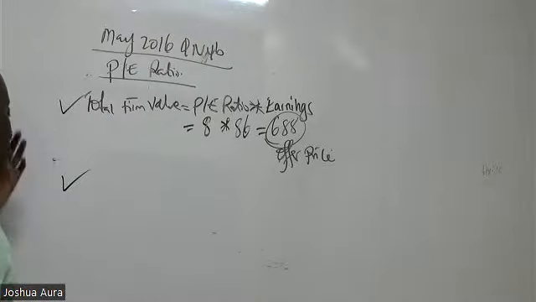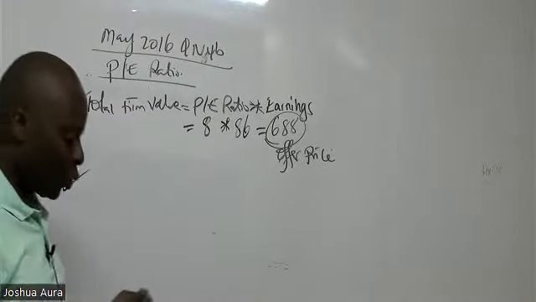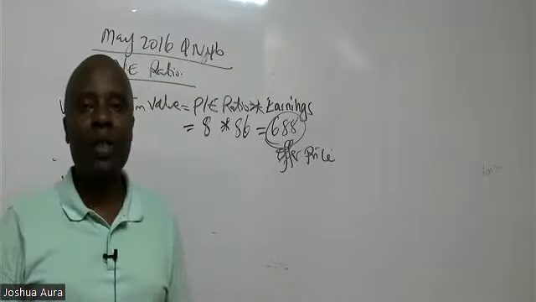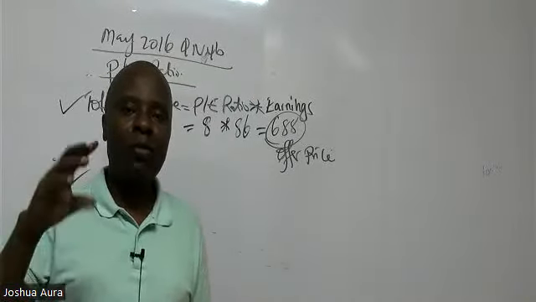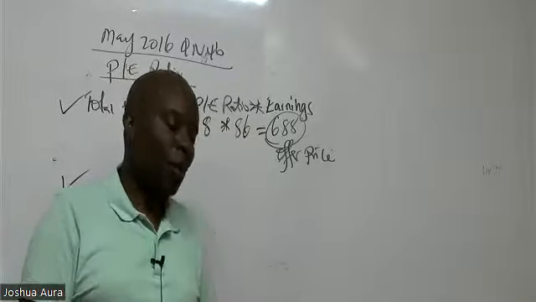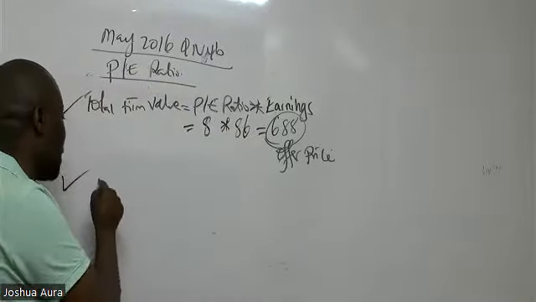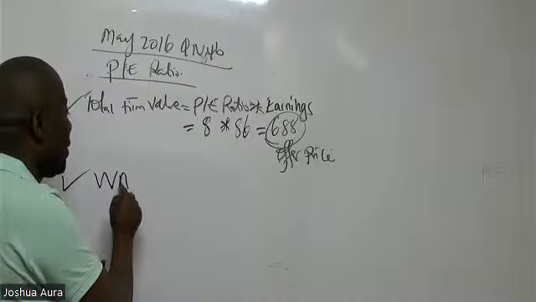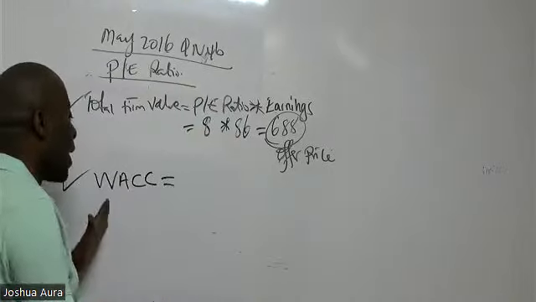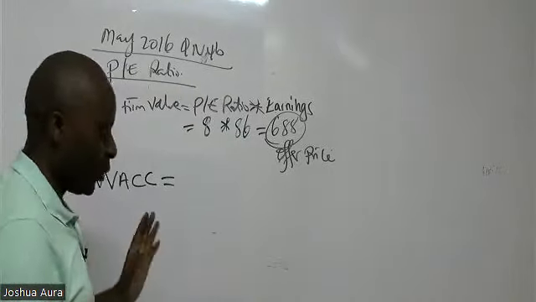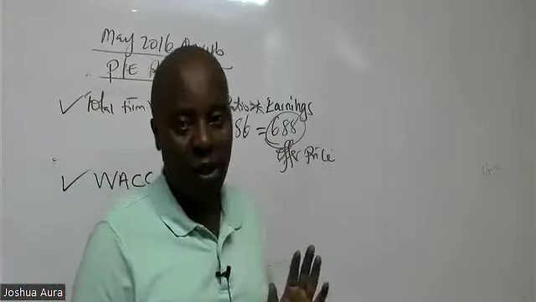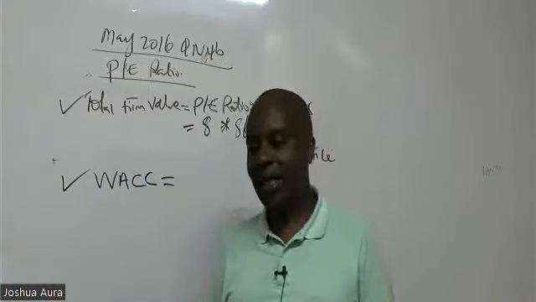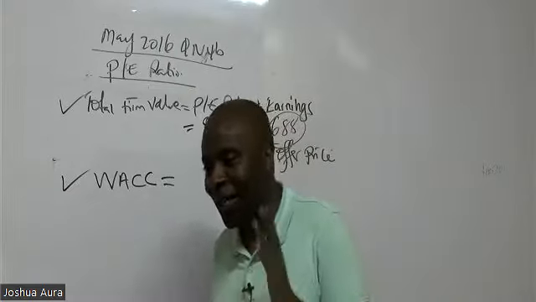Even after being appointed finance directors of big companies, you'll get somebody instead of pronouncing it professionally as WACC, calling it Wakaka. No, that's very unprofessional. It's supposed to be WACC.